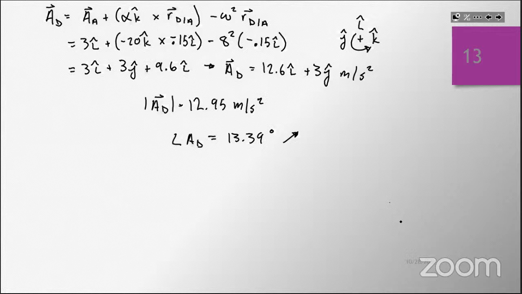So I would sometimes use just I and K and then also. Okay. So the rotational quantities like omega and alpha are rotating about the z-axis. Right?